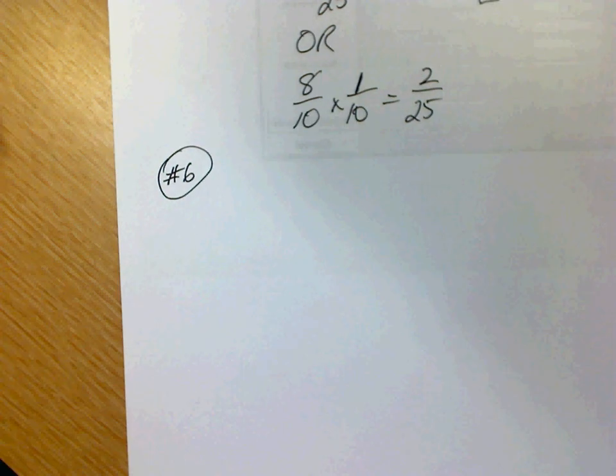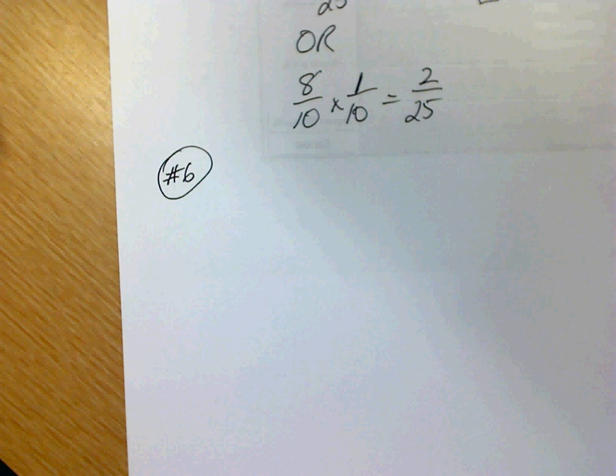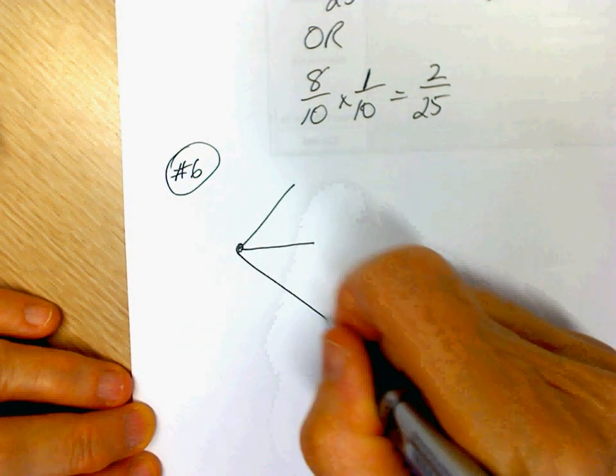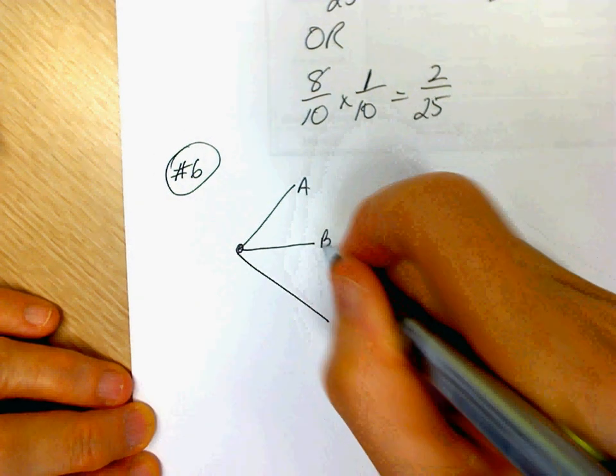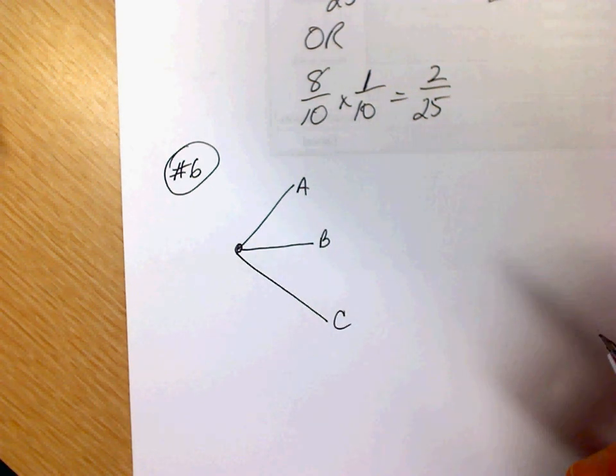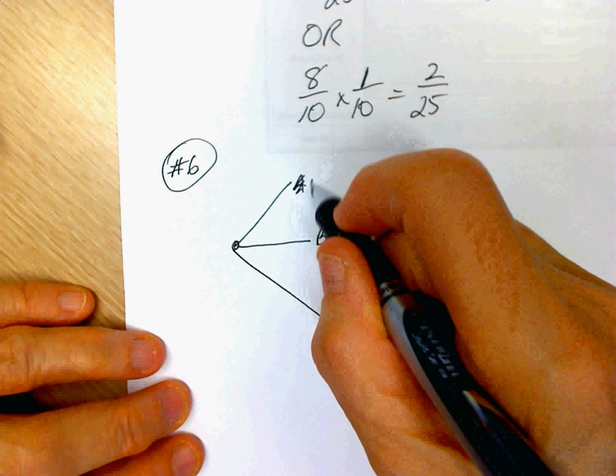Number 6. A car manufacturing plant has 3 shifts working on the assembly line. The morning shift, I'm going to call it morning.